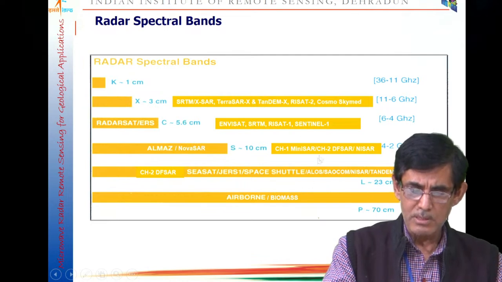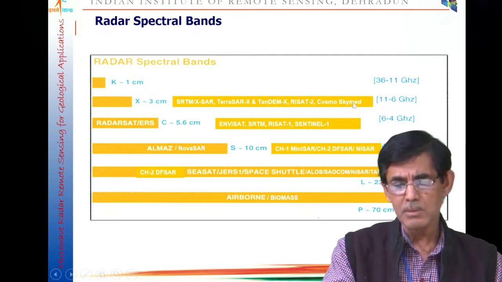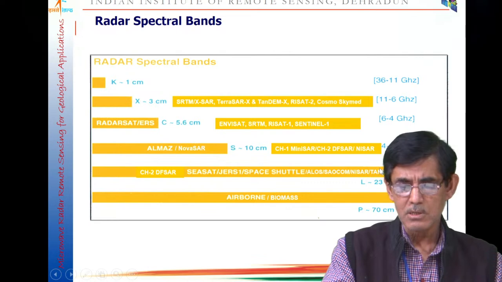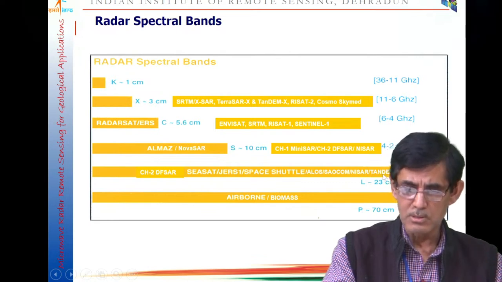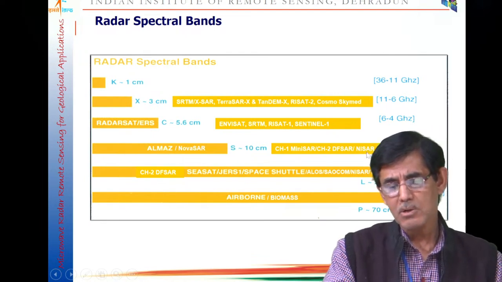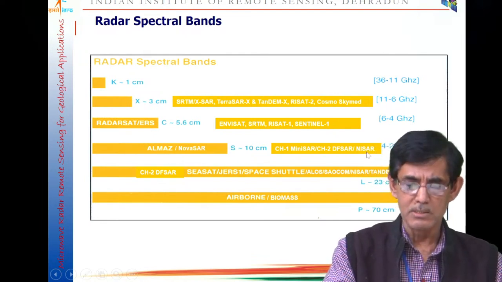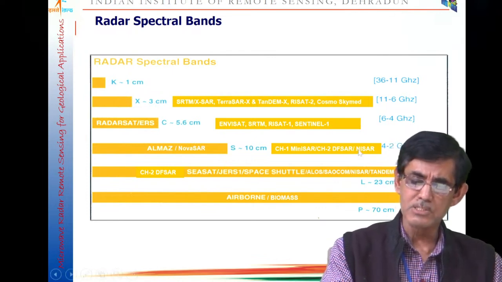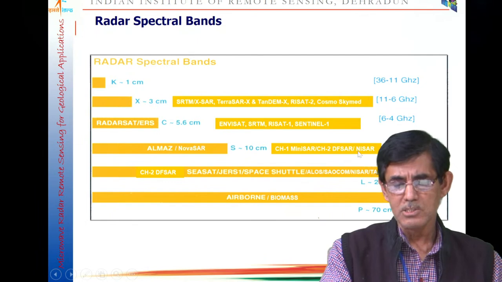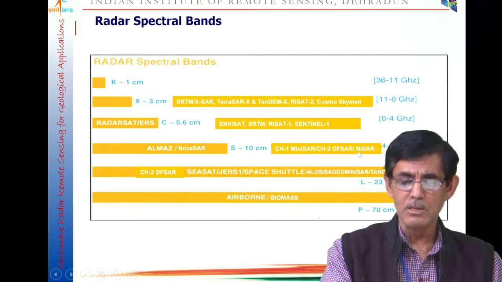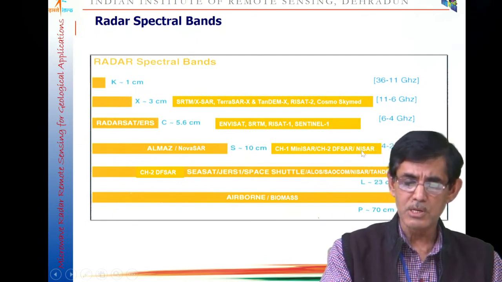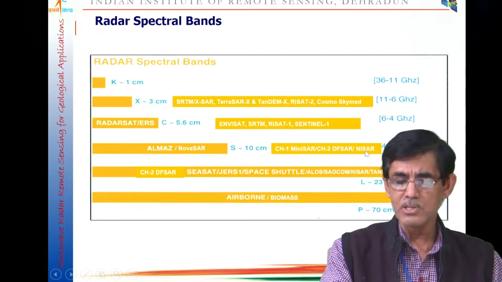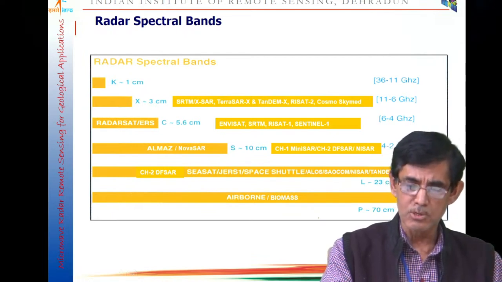A number of other satellites are there, and certain missions are going to be launched in the very near future, like the ISRO mission, which will have two bands, S band and L band. So it is dual frequency, and you can do a lot of good applications, because its imaging mode is very special. It is a sweep-SAR imaging mode. It can cover a very large area without compromising the spatial resolution.